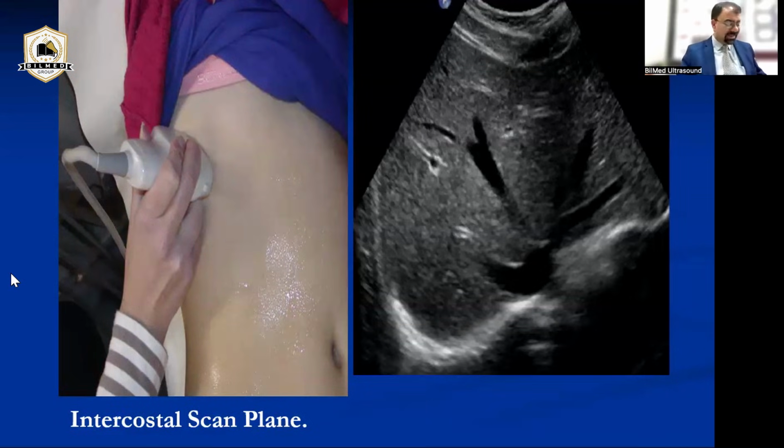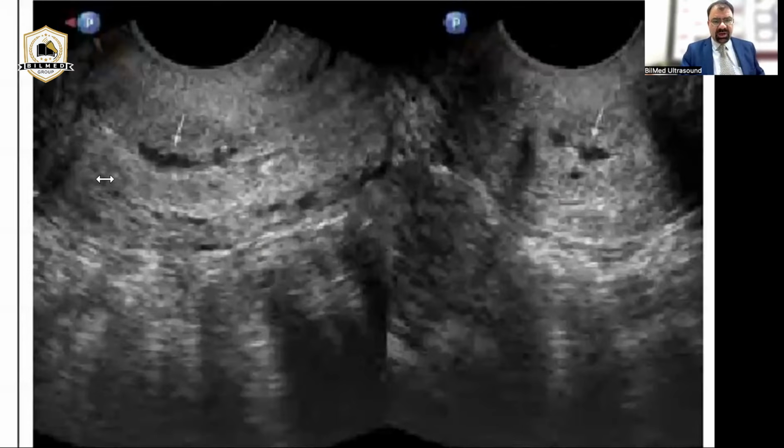Now, when I say chronic cervicitis, there are 4 to 5 points you have to keep in your mind when you are suspecting a chronic cervicitis patient. Now, first of all, the endocervical canal will be fuzzy.